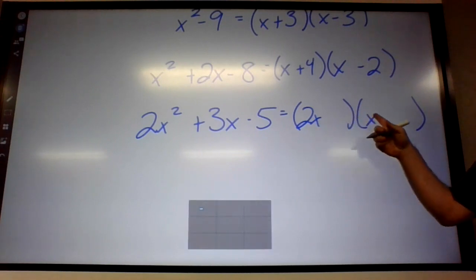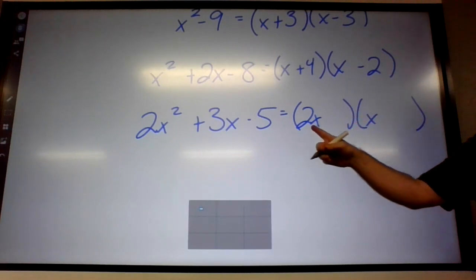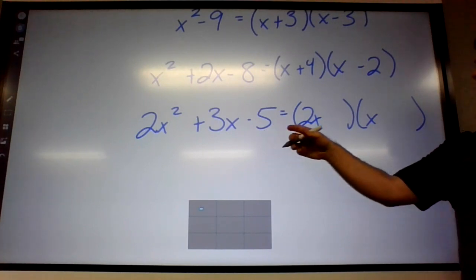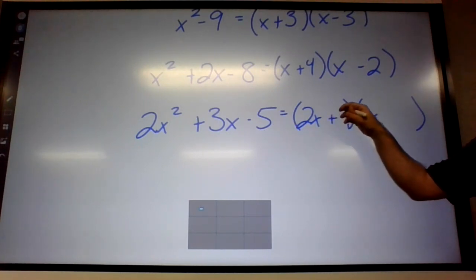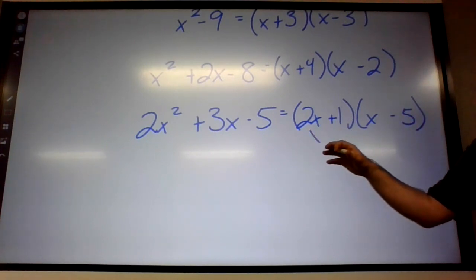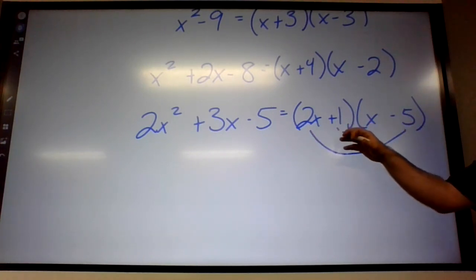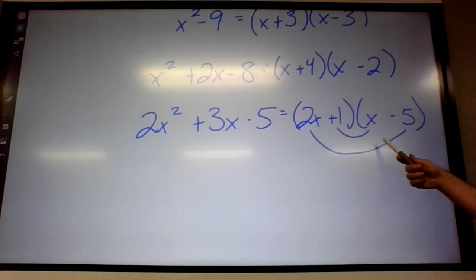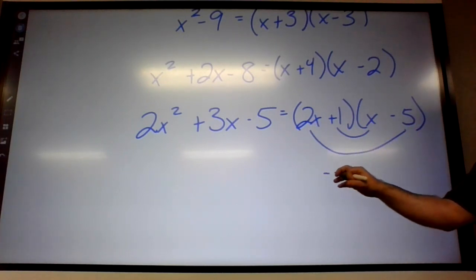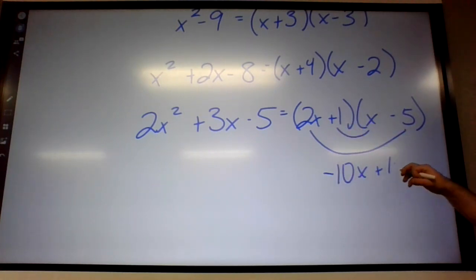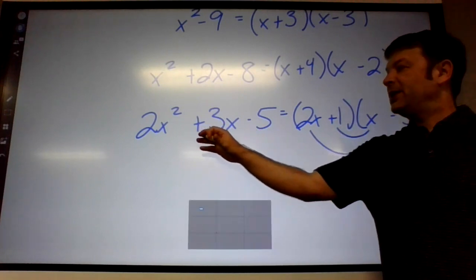Because now that there's numbers on the front, when you FOIL it, that's going to change. So what goes into negative 5? 1 and negative 5. Could be negative 5 and 1, or some other mix. So the way you check it on these kinds is you kind of FOIL, but you only do the outside inside. So the outside now is negative 10x. The inside is 1x. And if you did it right, it should add up to the middle term.